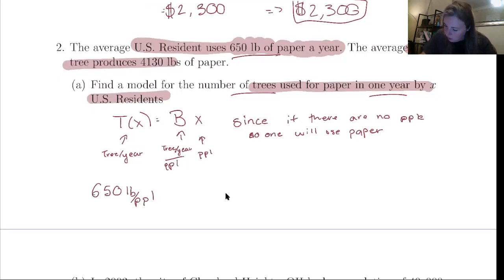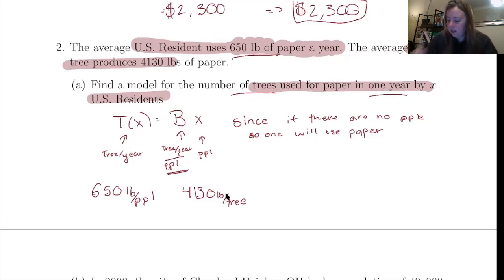And then there's also 4,130 pounds per tree. So pounds are going to go away if I divide them. If I multiply them, I'm going to get pounds squared, and that's bad. So I want something that has these type of units.